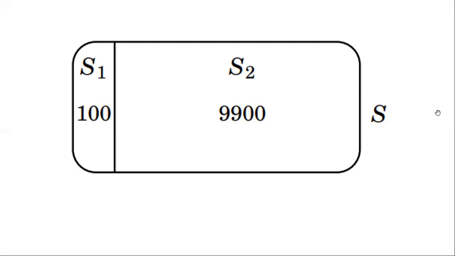And we test all 10,000 people. So now we know that we're going to have S1 and S2, meaning there are going to be some people who have the disease, that's S1, and S2 means those people who don't have the disease.